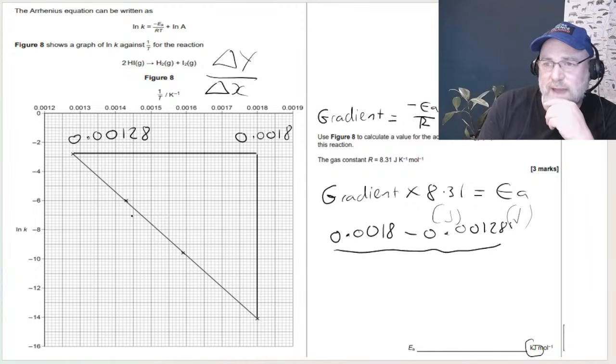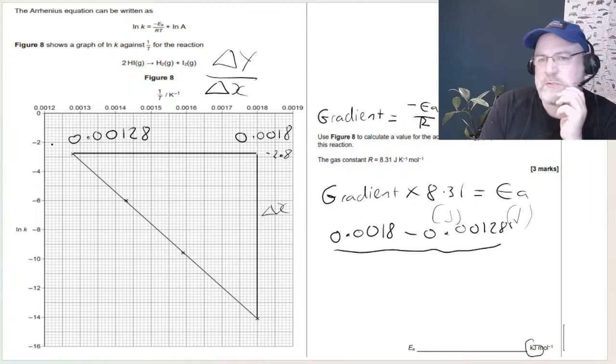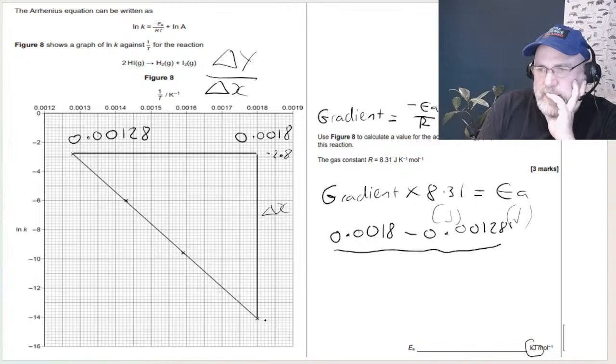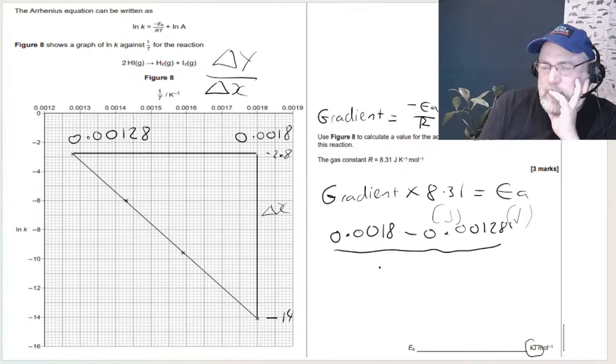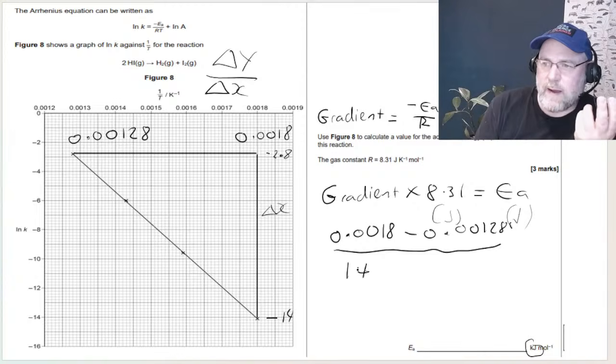And then you're going to divide that by the change in x over here, which is, what is that, minus 3.8? No, that's minus 3, so that's minus 2.8. I hope that's minus 2.8. That looks like minus 2.8. And then that is minus 14. I'm looking at the difference, so actually, I don't even want to stick the minus in there. What's the point? We don't want minuses, since minuses make a plus.